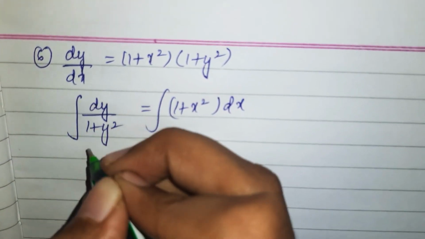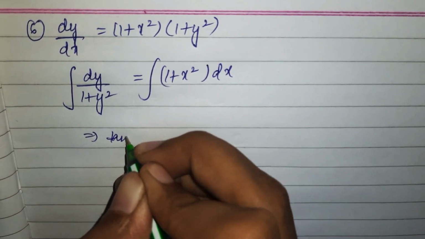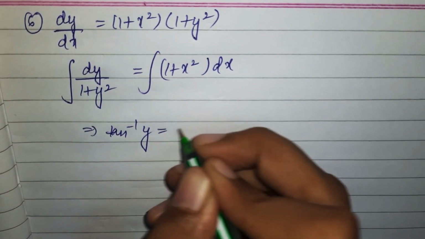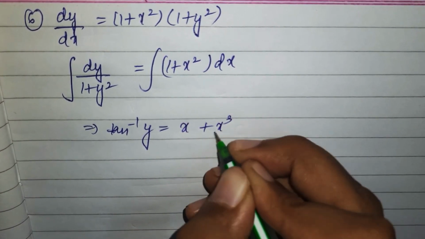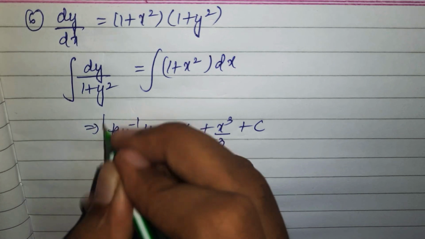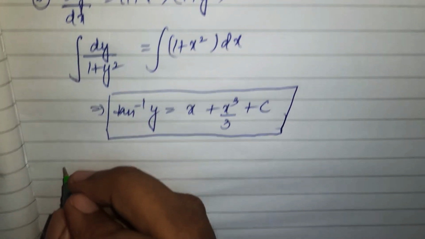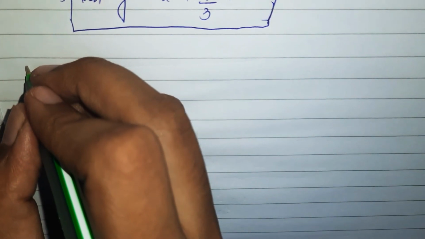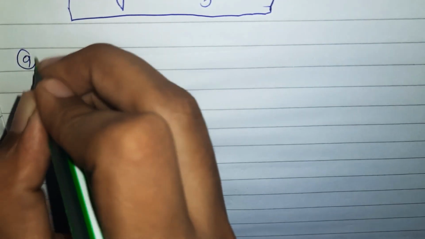Integrate both sides: it will become tan inverse y equals x plus x cube by 3 plus c. So this is your final solution. Now question 7 you can attempt yourself, even 8 is also simple. Now come to question number 9.